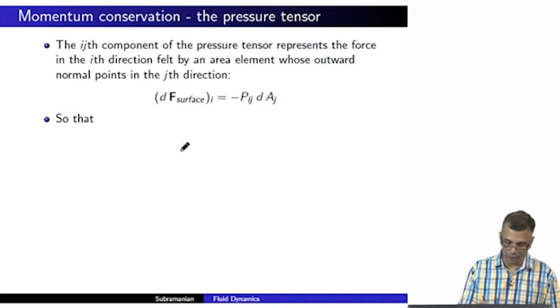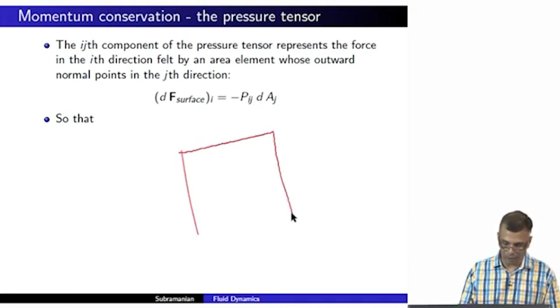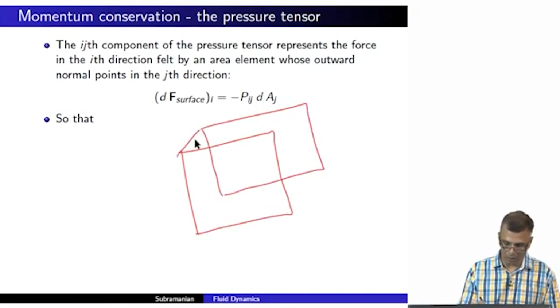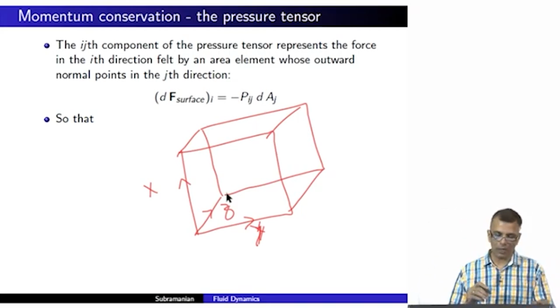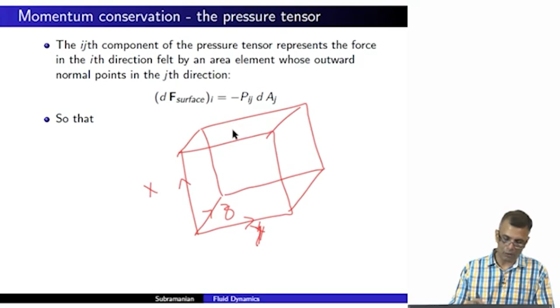Let's draw a little box like this, and so let's say x, y, and x cross y would be, I believe, z. So you can have a force that's acting like this.